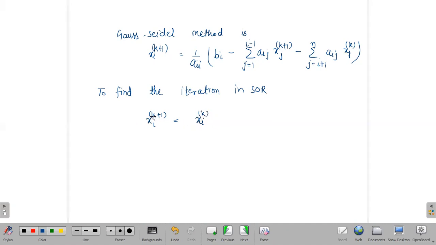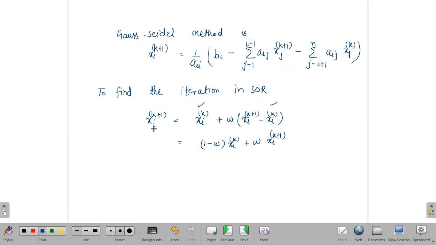If k is equal to 0, suppose, then you can assume this value; this is the initial guess. Plus omega times x_i^(k+1) minus x_i^k, the difference of these two. Basically it will be 1 minus omega x_i^k plus omega x_i^(k+1).